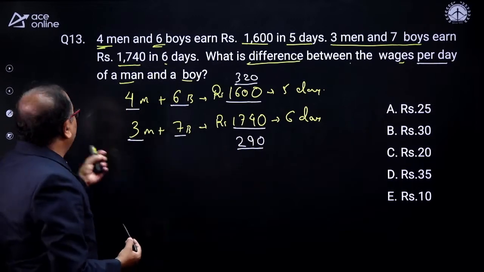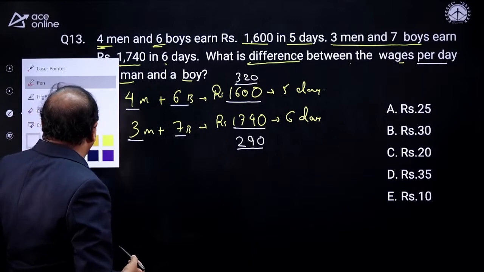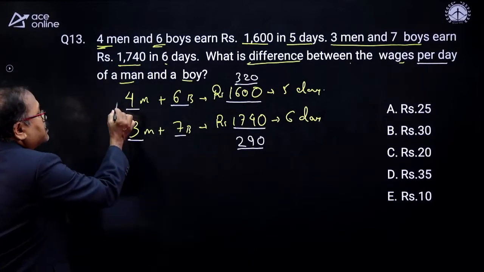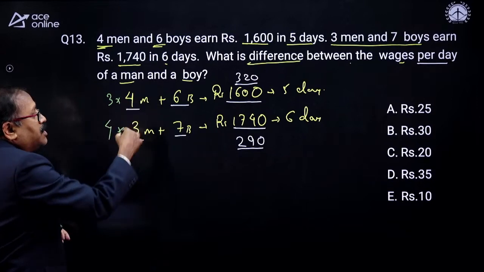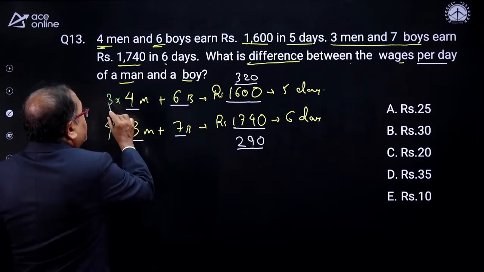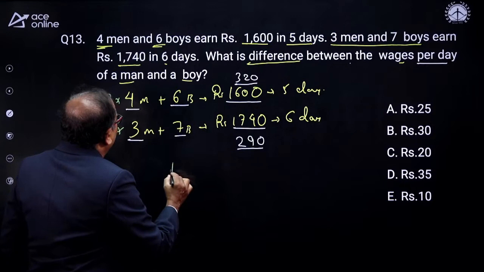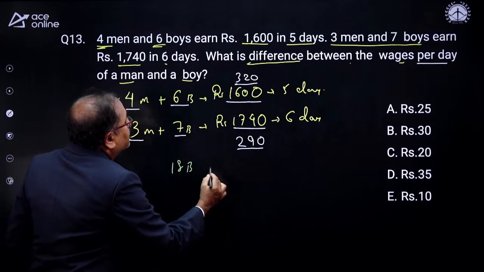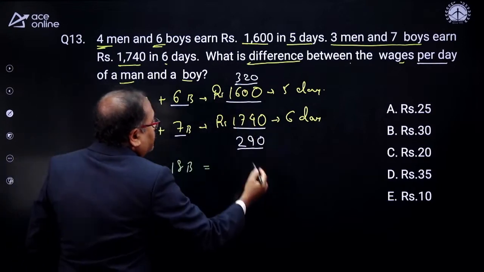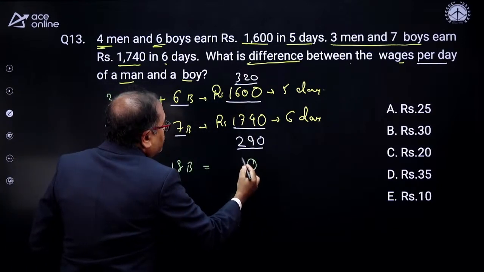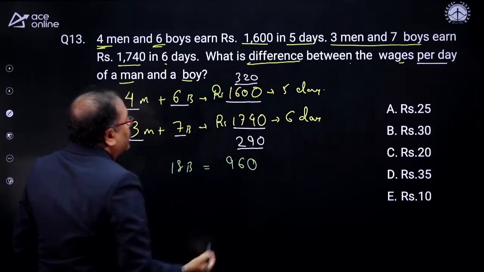So can I equate one thing and then it becomes a simple equation? Multiply this by 3 and multiply this by 4. This will be eliminated. You are getting 3 times 6 is 18, then 18 boys is equal to how much? Multiply this by 3, you get 960 on one side.